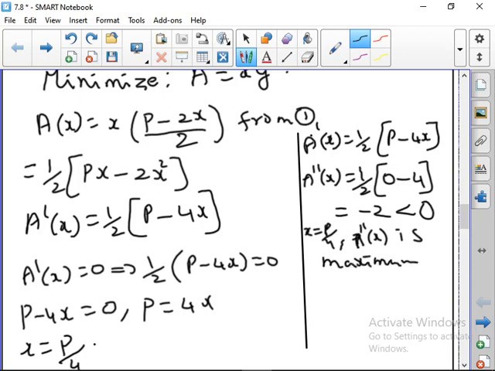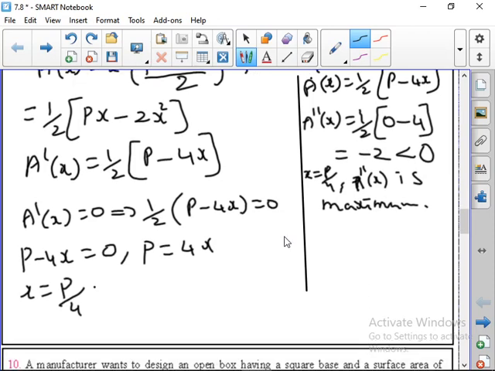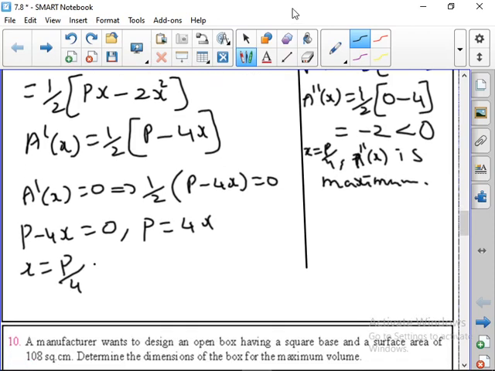Now they have asked us to find the dimensions. So we have to find the dimensions now. x is equal to p by 4, substituting in 1, what do you get? Y also you will get as p by 4.